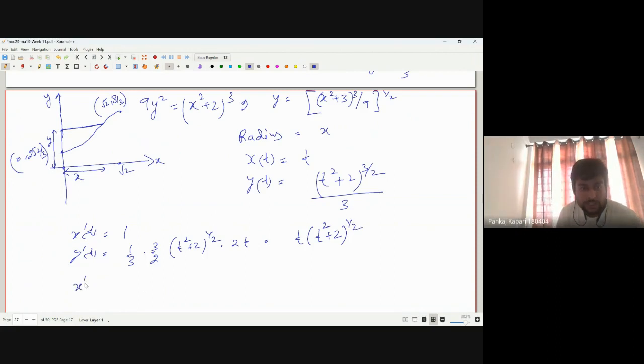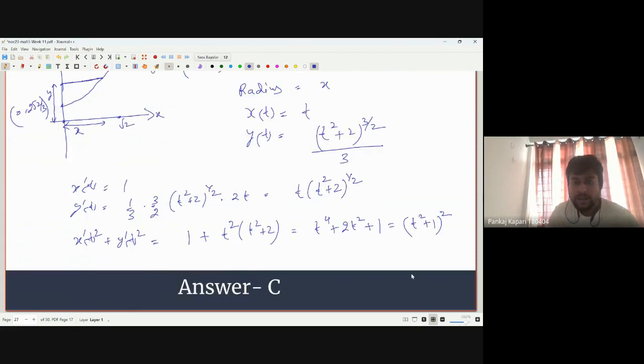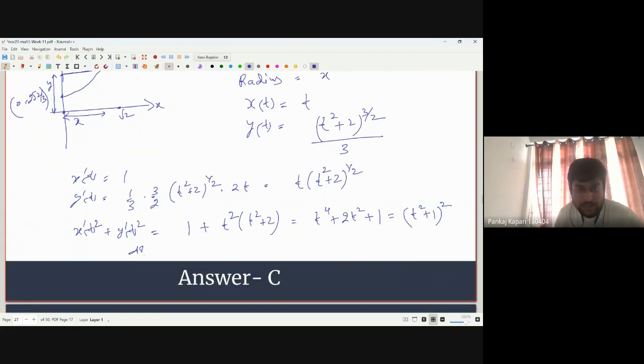So if you calculate x prime t whole square plus y prime t whole square, you have 1 plus t square into (t square plus 2). This is equal to t to the power 4 plus 2t square plus 1, which we can write as (t square plus 1) whole square.